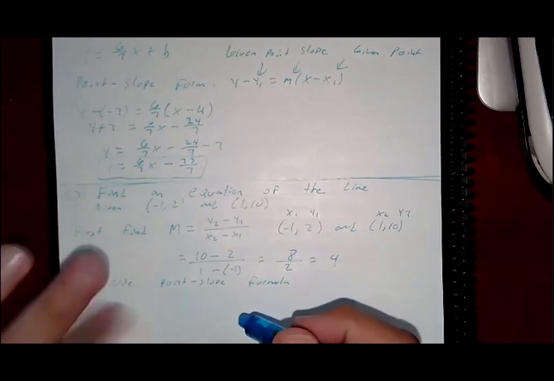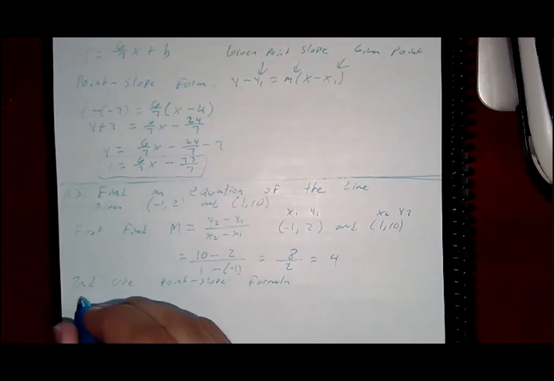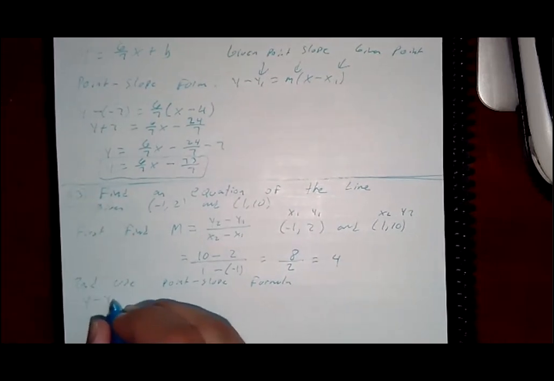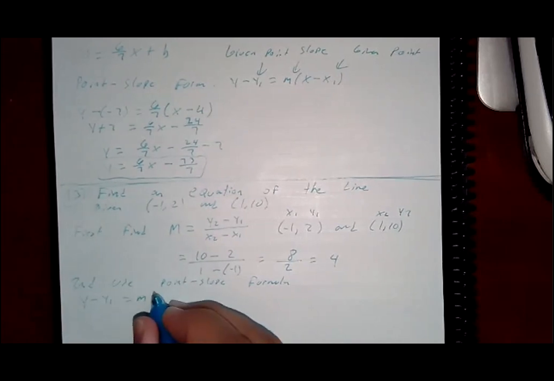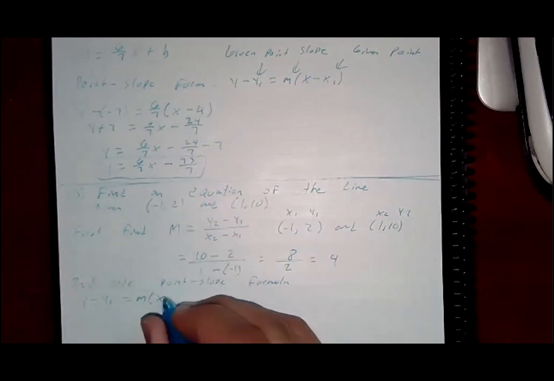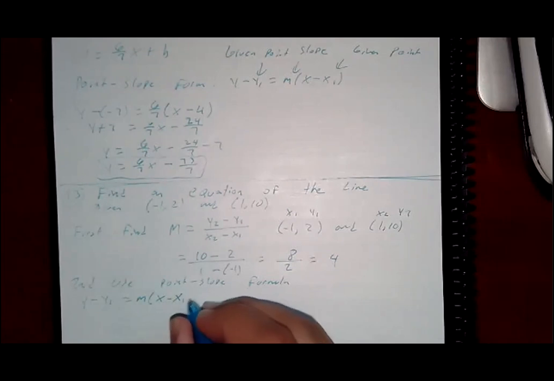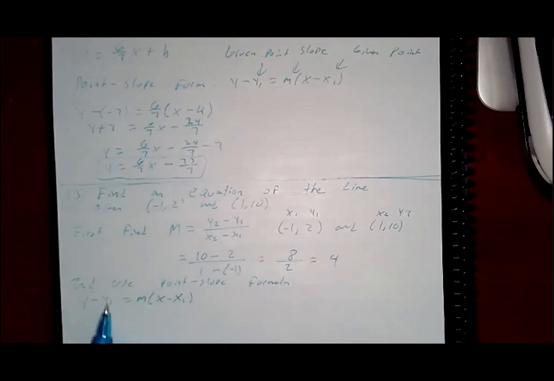So y minus y1 is equal to m times x minus x1. Again, this is just a random point, x1, y1. You can choose either one, actually. I'm going to choose this one just because it's smaller, so maybe I will have smaller numbers.